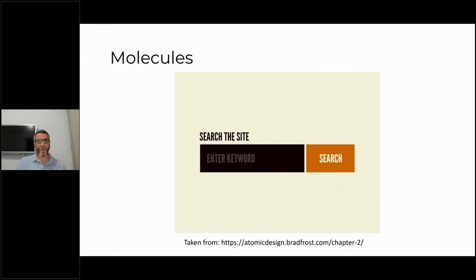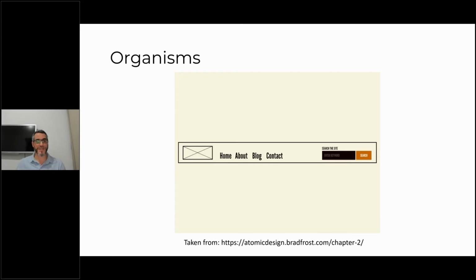Now, what else can we do with the hierarchy of atomic design? We can develop organisms. An organism is a bunch of molecules and atoms that are combined together to create a behavior, like what you see here on the screen, a header. A header includes some image, some menu, and some search area.